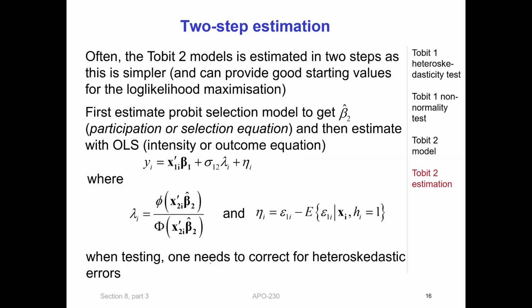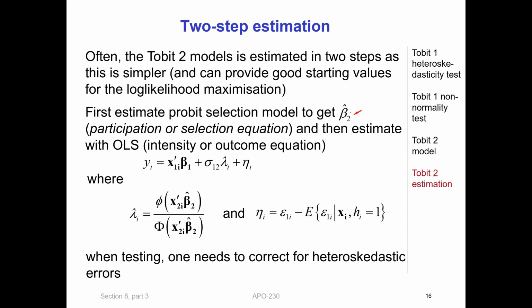Well, even when we have the full log-likelihood function like that, very often the Tobit-2 model is estimated in 2 steps because it's more intuitive, simpler, and also it can provide a good starting value for the log-likelihood maximization later. So in the first step, we estimate the probit, the selection equation, to get beta 2.